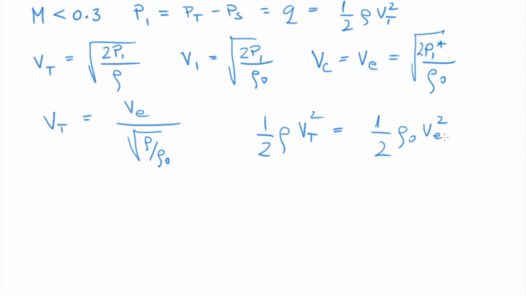So if we're flying at a true airspeed Vt in ambient density rho, yielding a dynamic pressure Q of half rho Vt squared, then the equivalent and the calibrated airspeed for that matter is the answer to the question, how fast would we have to fly at sea level in standard conditions to get the same dynamic pressure Q?